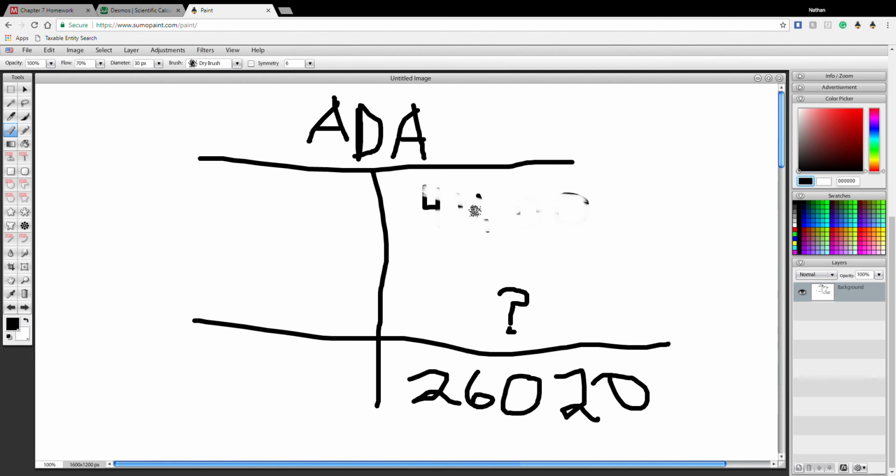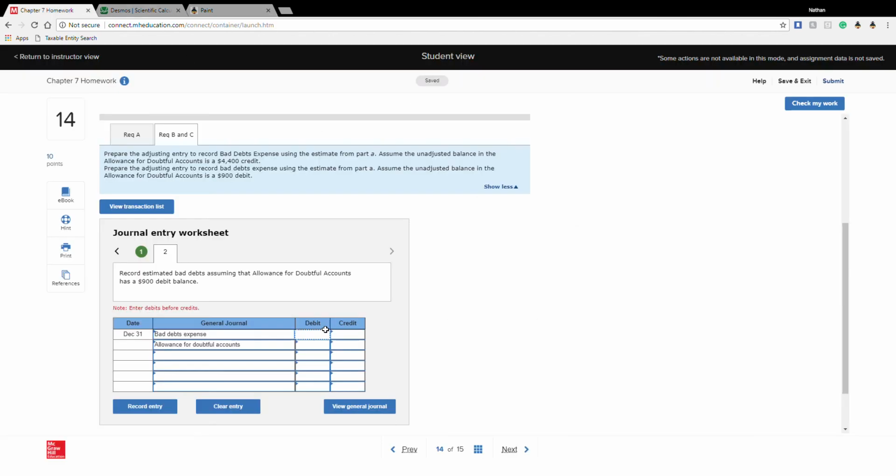It doesn't have to be perfect. So we actually start now with a 900 debit. Our goal is still to reach this 26,020. All we do is add the two numbers. Since this one's a little bit easier on the adding, it's going to be 26,920.